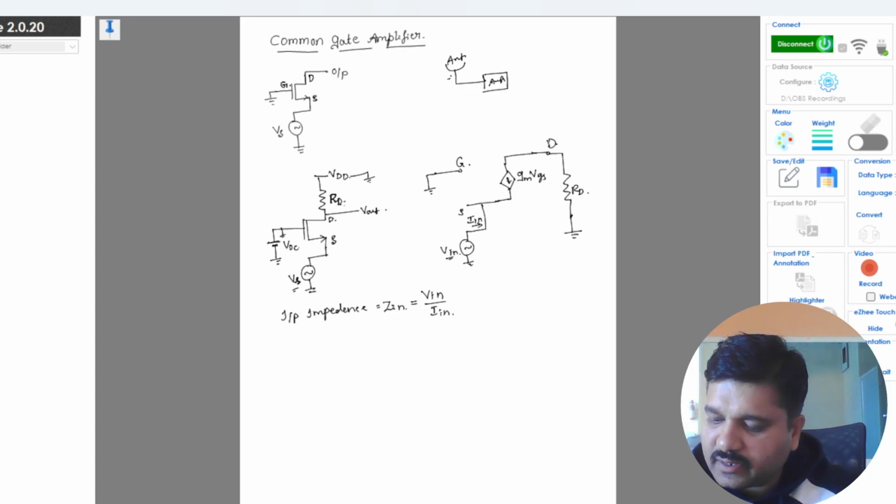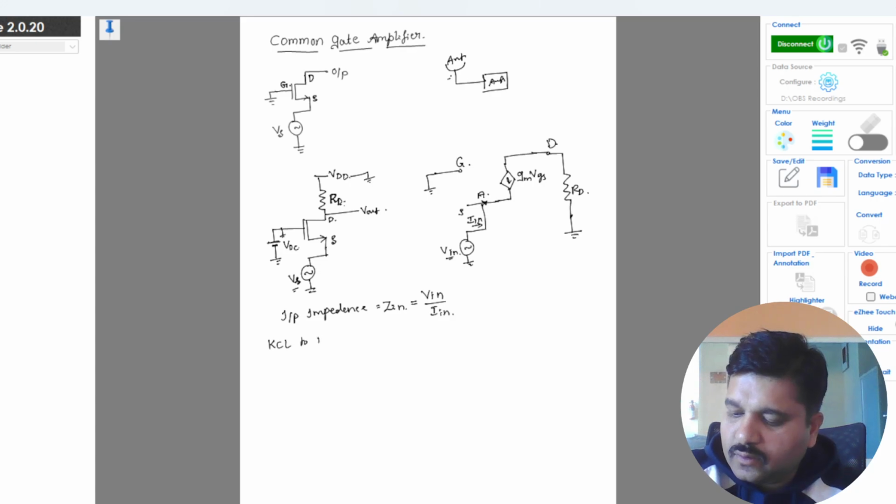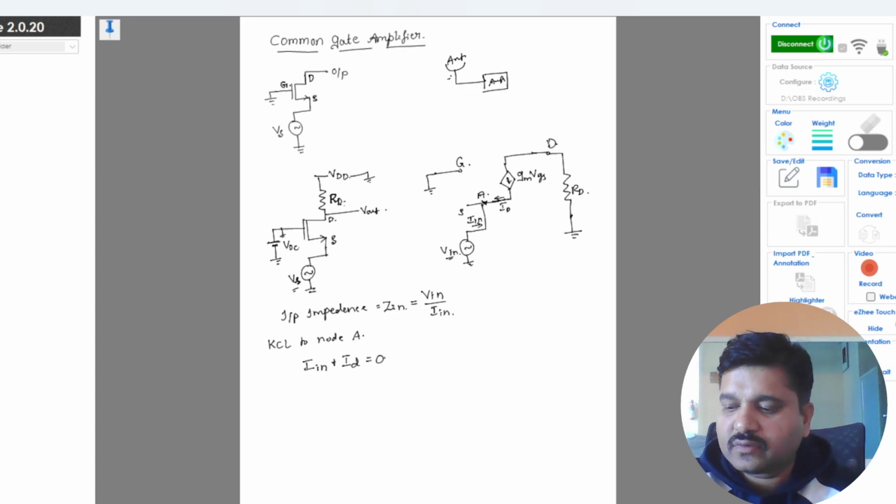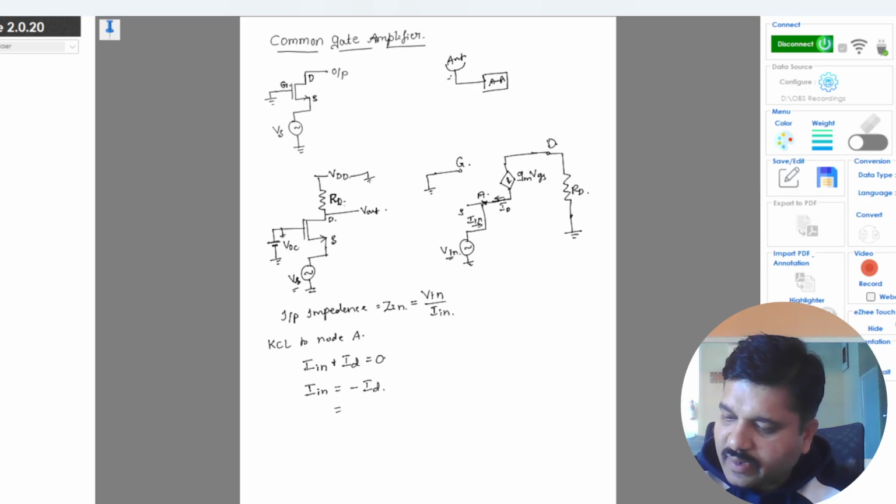To find the input impedance we will apply KCL to node A. Here Iin is the input current going to node A, and this is the ID current going to node A. By applying KCL to node A, we get Iin plus ID is equal to 0, because all the currents are incoming to node A. So we can write Iin is equal to minus ID, where ID is nothing but gm times VGS. Here this is the input current.